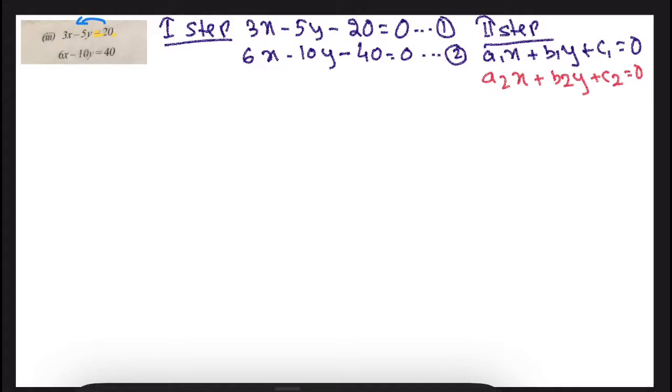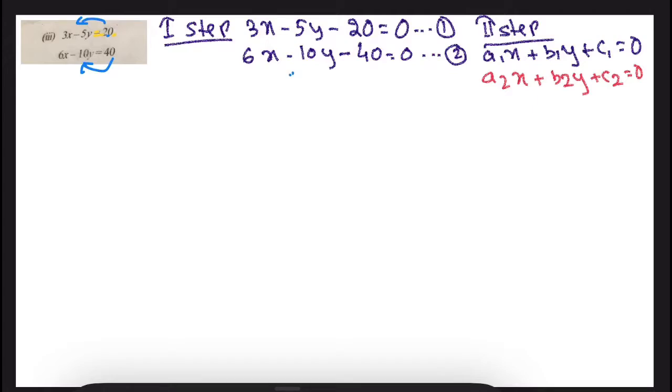In the second equation also, 40 is on the right-hand side, so we should bring it to the left-hand side. So the first becomes 3x minus 5y minus 20, and the second becomes 6x minus 10y minus 40. Now this is our standard form of equation.